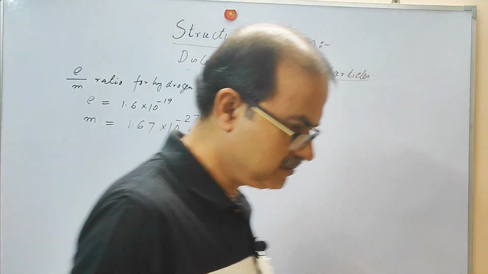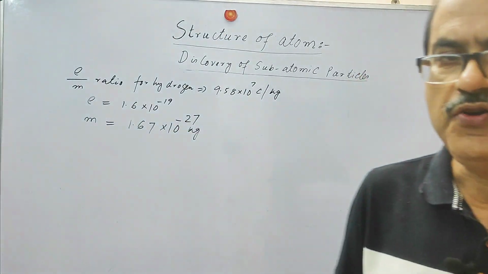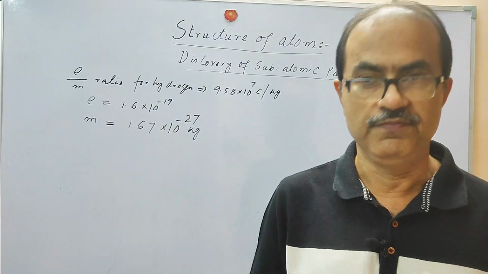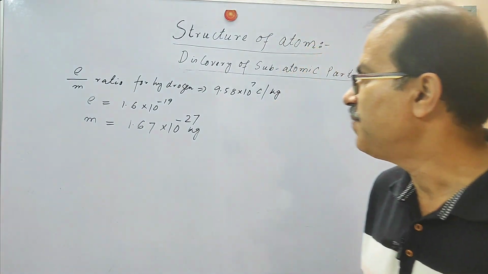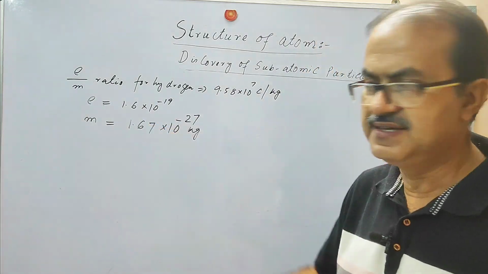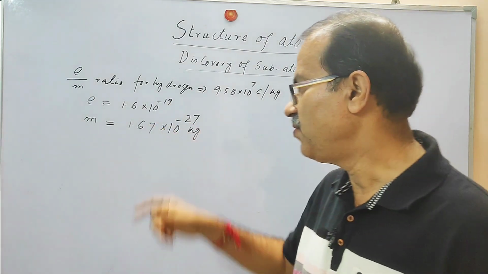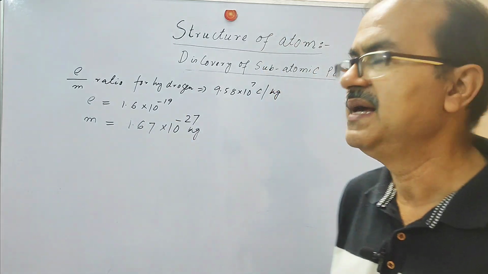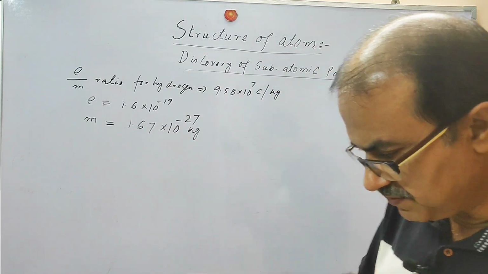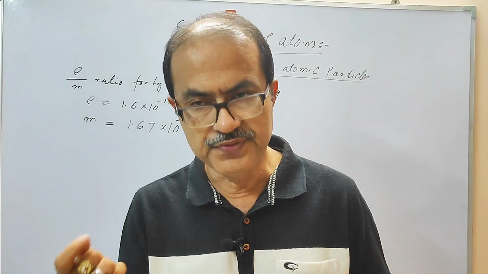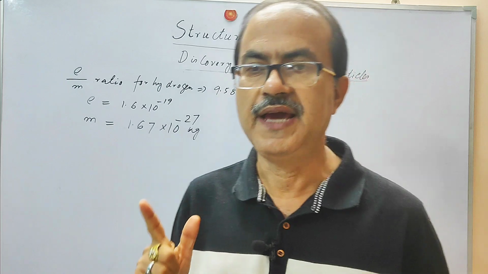And this is basically a hydrogen ion, which means this is basically a proton. The mass of the proton is 1.67 into 10 to the power minus 27 and its charge is 1.6 into 10 to the power minus 19. So this is basically a proton, a very fundamental particle of the gas.